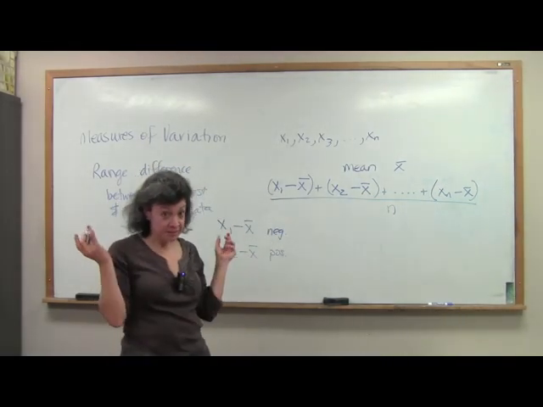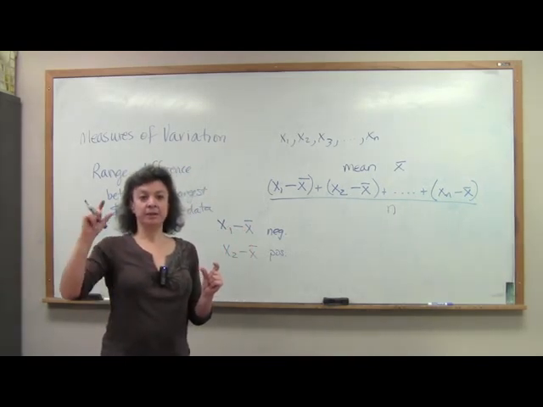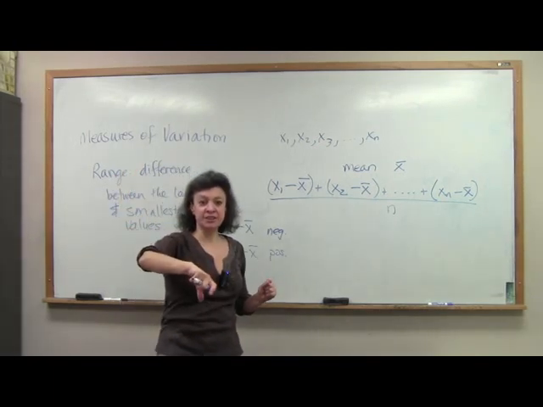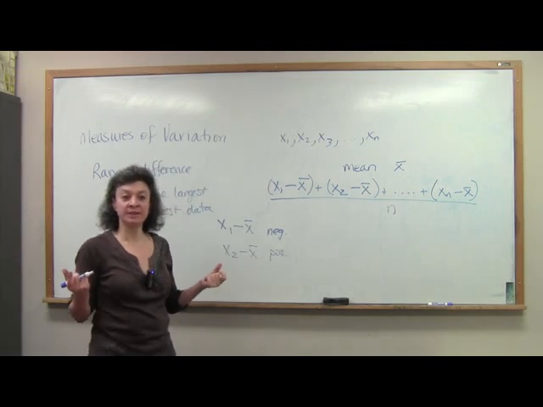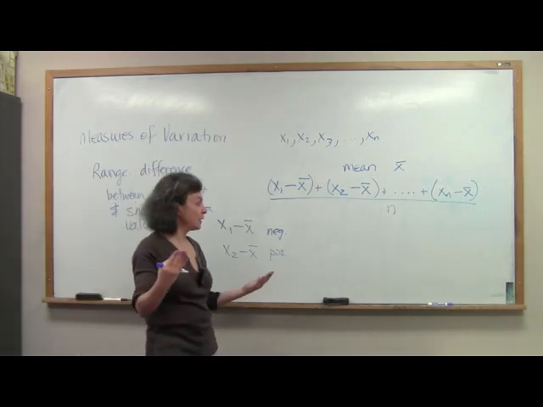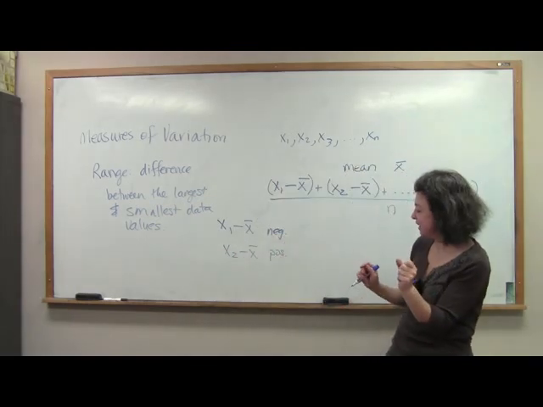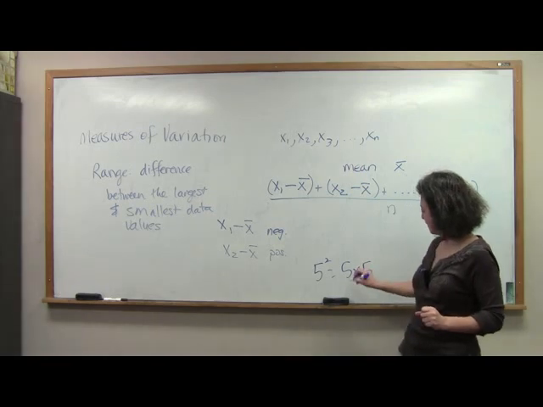So let's ask ourselves, how can we get rid of the negatives so that whatever we do to get rid of the negatives, we can undo in the end? And the answer is we can square things. Remember when you square something, you just take it and multiply it by itself, right? 5 squared is 5 times 5, okay?